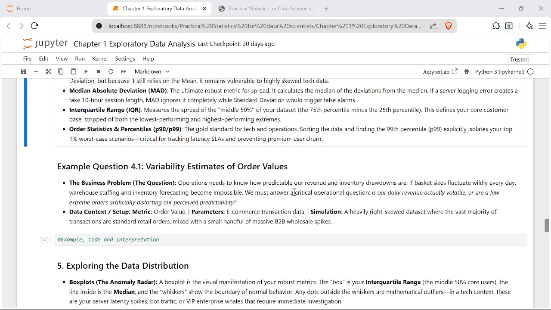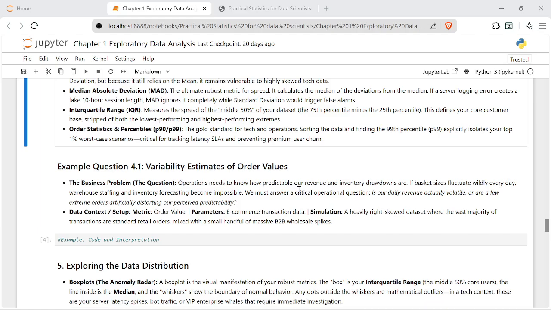Just like real life, this won't be a perfectly smooth dataset. We are going to intentionally build a highly right skewed distribution. The vast majority of data will represent standard predictable retail orders.